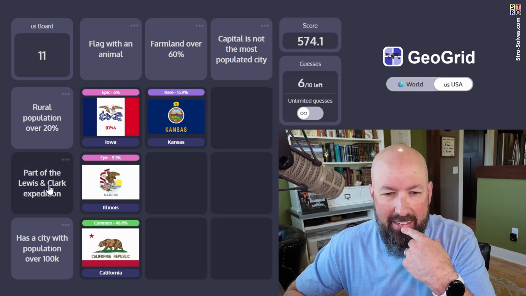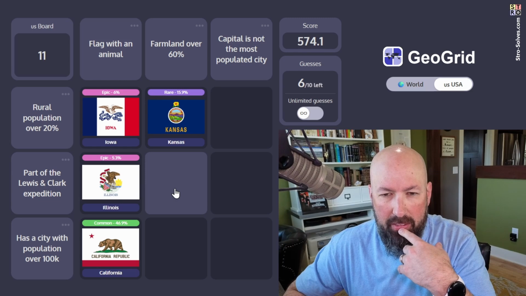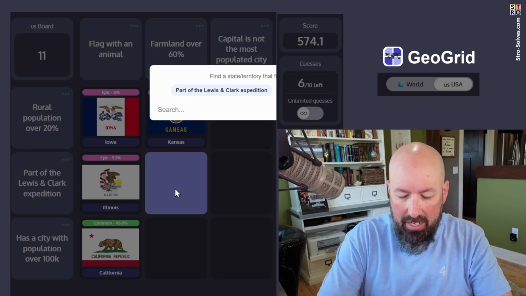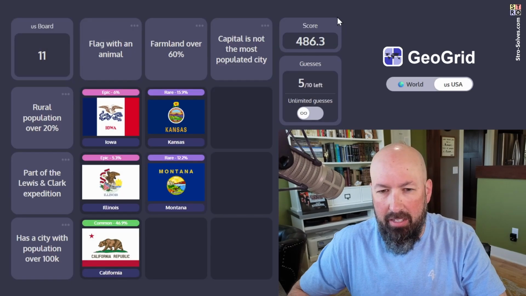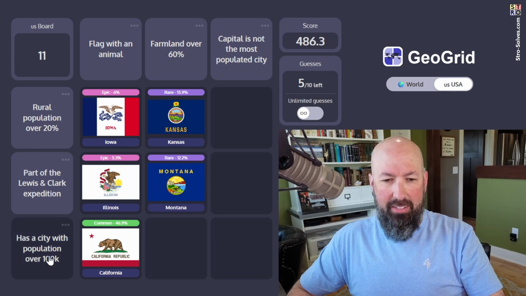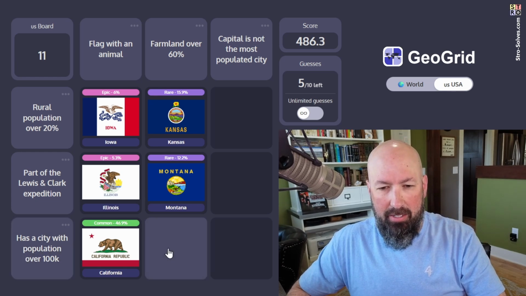Okay. Part of Lewis and Clark expedition, farmland over 60%. Maybe Montana? Did they go through Montana? Okay. I'm not getting the good ones, but has a city with population over 100,000.